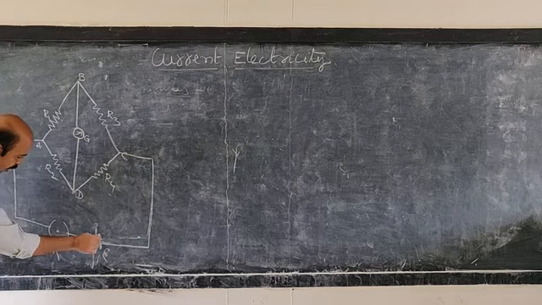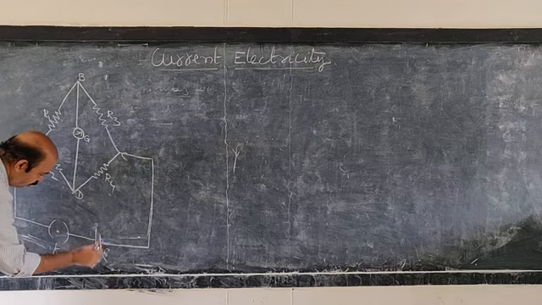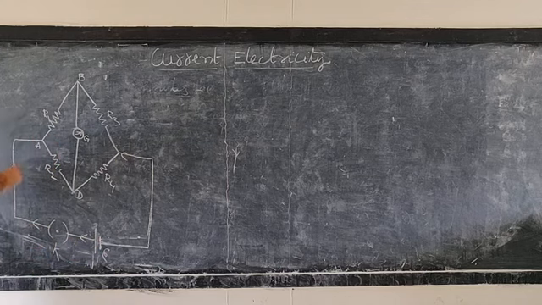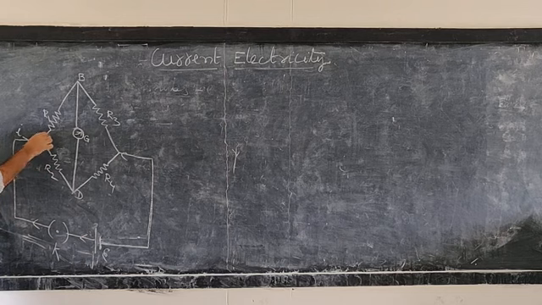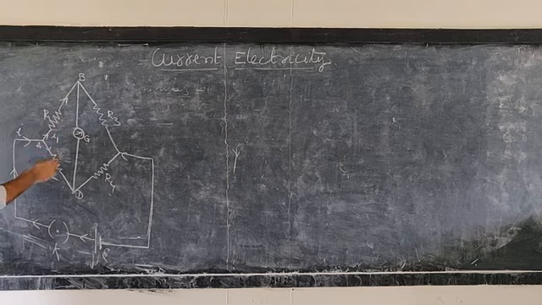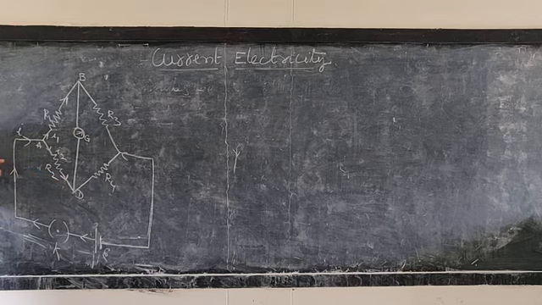So consider current coming from the positive terminal. Say this is I. Here it branches out into 2 parts. That is, let us say through this resistance R1 current is I1, and through R2 current is I2. So let us assume it like that.